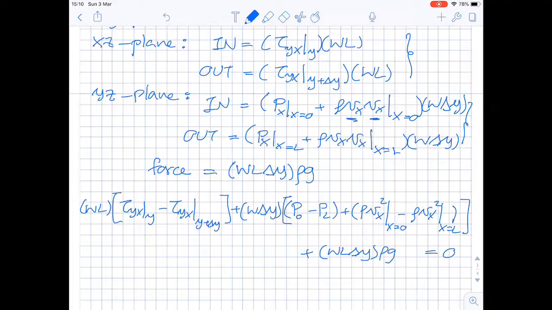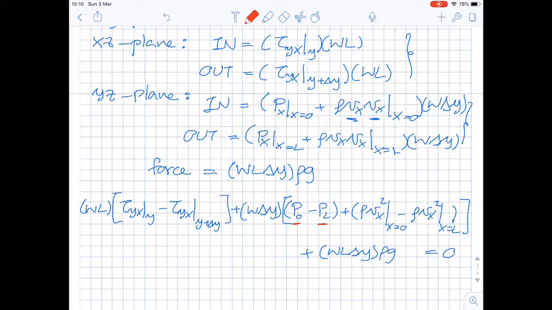Alright, this is our shear balance. Now, we know that these two pressures are not the same. Pressure underneath is supposed to be a little bit higher because of the weight on top of it, but it's not necessary so. But definitely these two are not always equal, so we have to keep it.